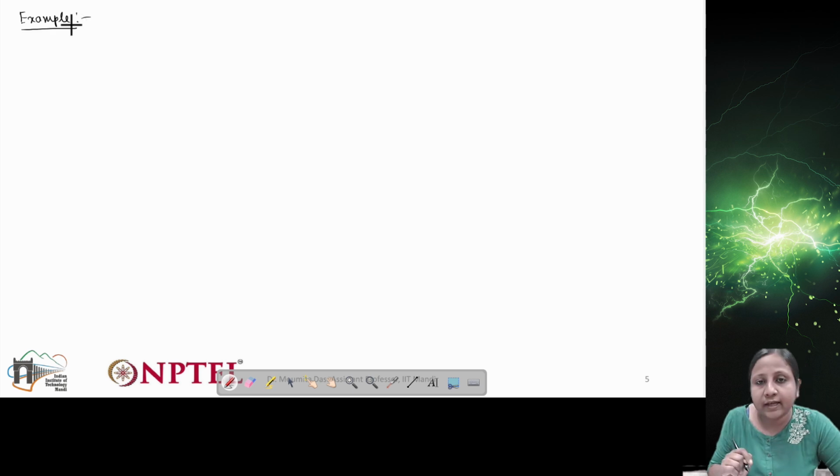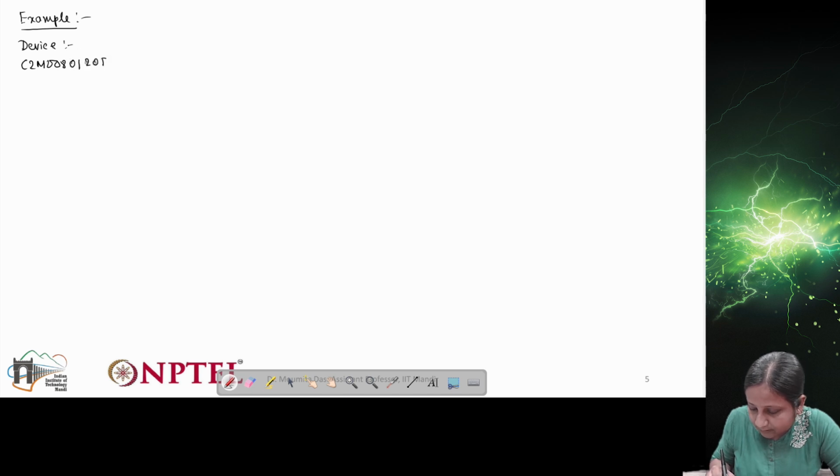So in this particular example, let's consider one silicon carbide device which is taken from Cree. The part number of the device is C2M0080120D.